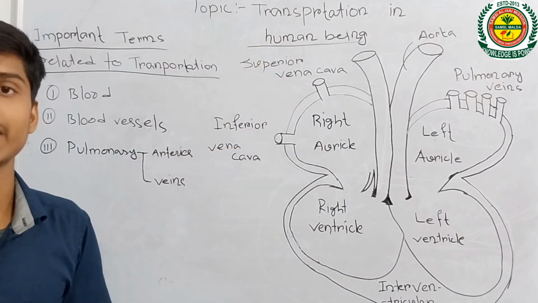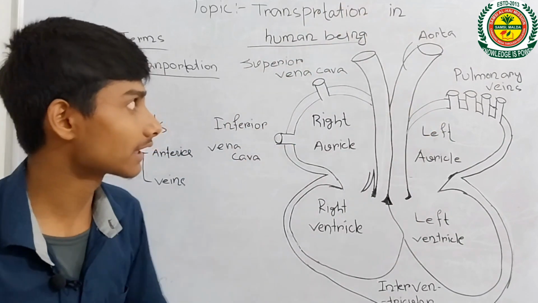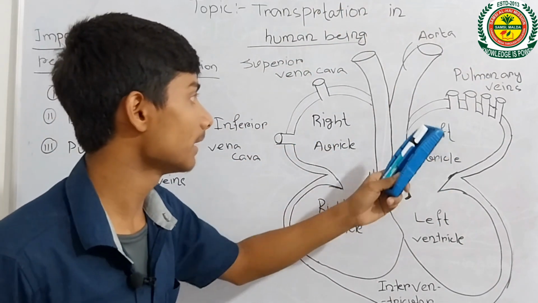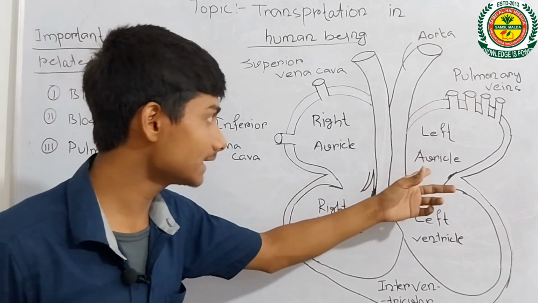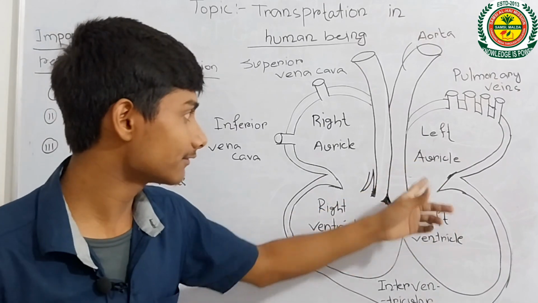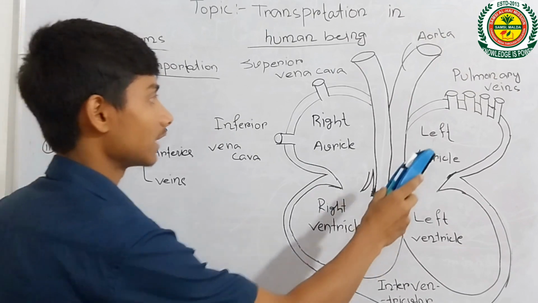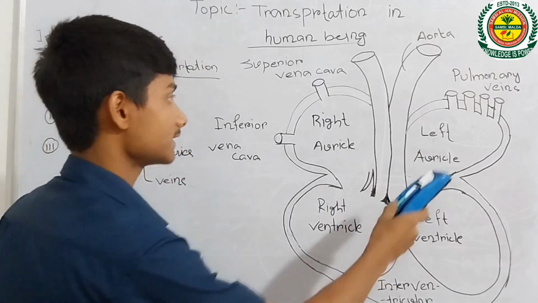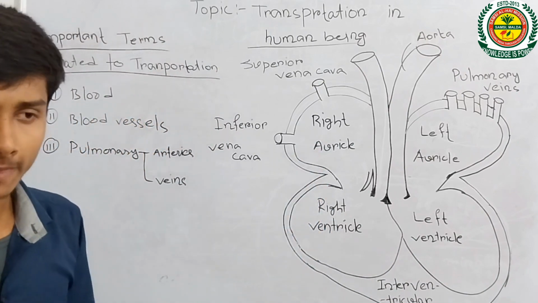As the blood is purified there, the oxygenated blood comes through the pulmonary veins and enters into the left auricle. When the blood is collected by the left auricle, it relaxes. Now we need to remember that we have four chambers of the heart: left auricle, left ventricle, right auricle and right ventricle.